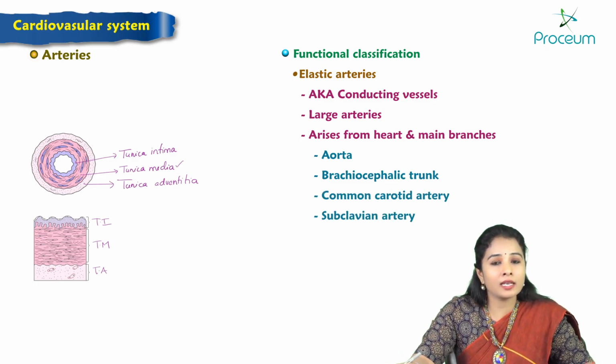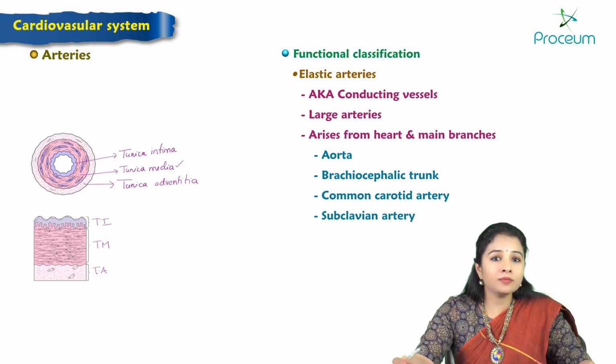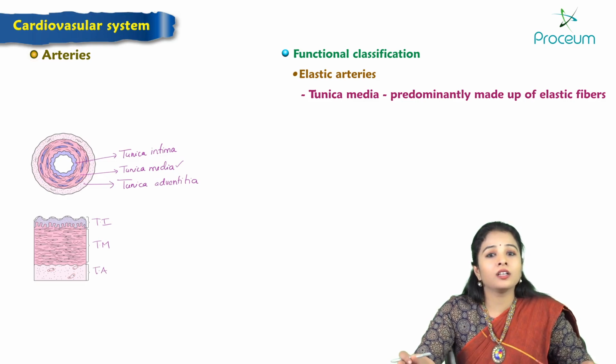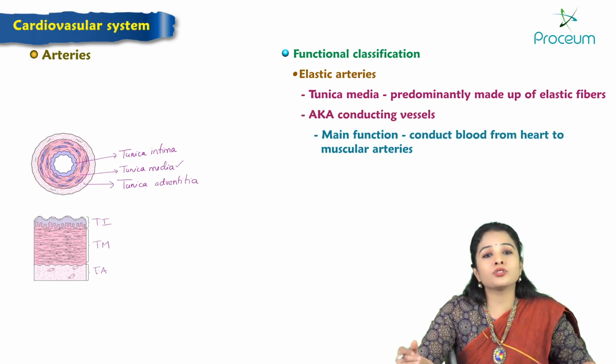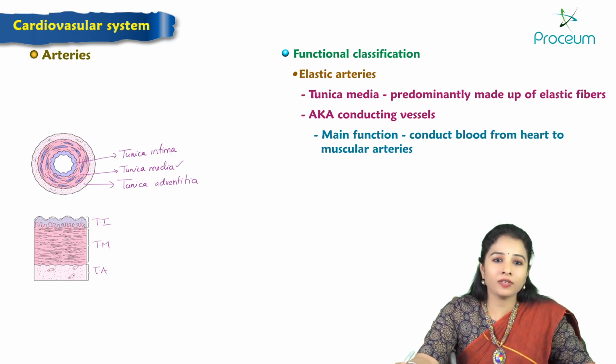These are examples of elastic arteries. They are called elastic arteries because the tunica media of these arteries is predominantly made up of elastic fibers. They are also called conducting vessels as their main function is to conduct the blood from the heart to the muscular arteries.